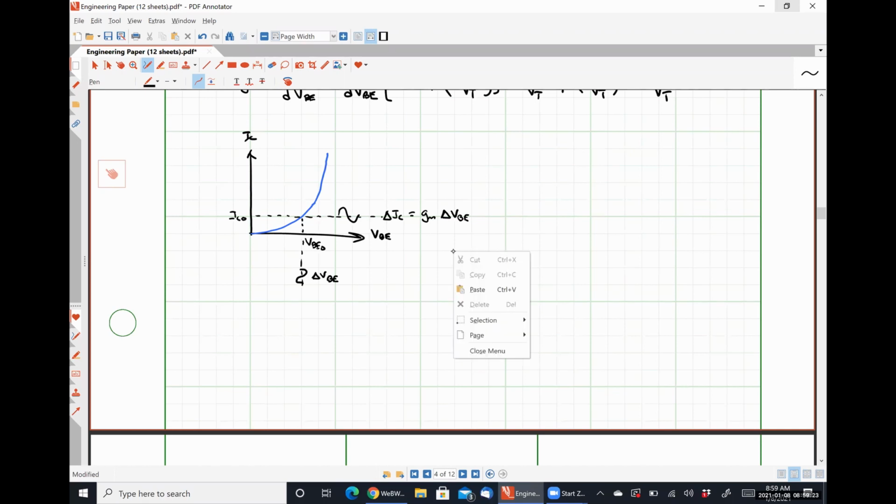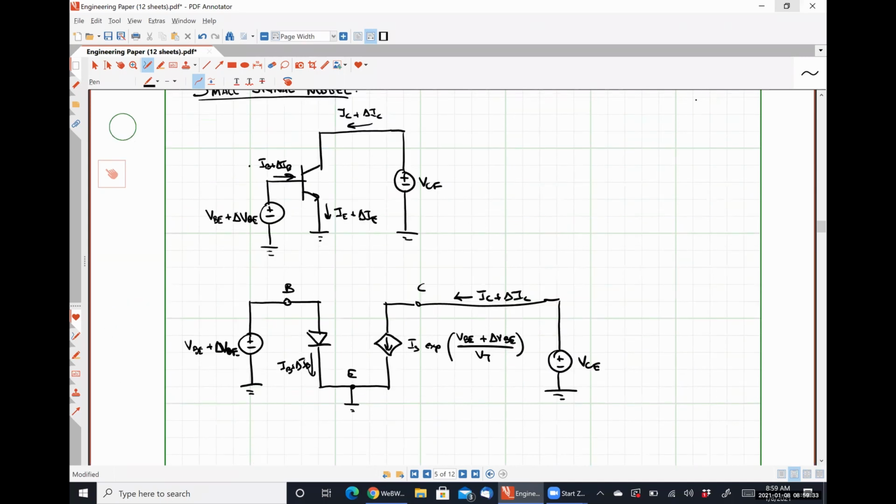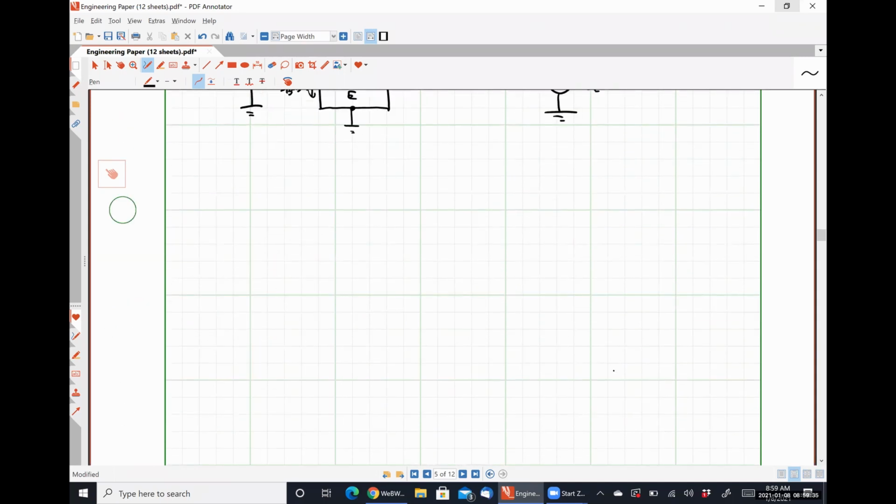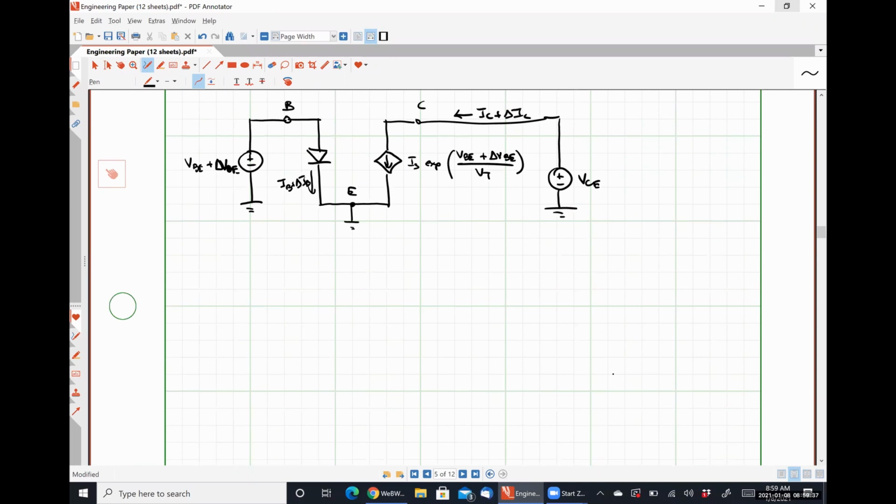So if we change the base emitter voltage slightly, we get some change in the collector current that is simply the transconductance multiplied by the base emitter voltage. So if we eliminate the DC signals and only concentrate now on our AC signals, then let's take a look at what happens here, okay?